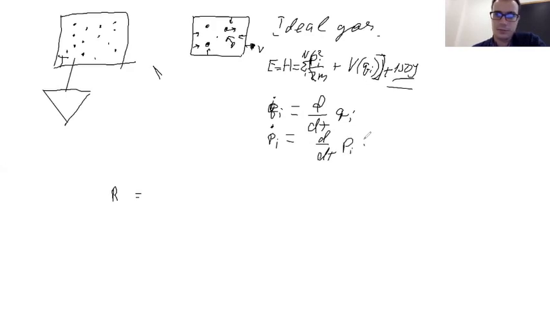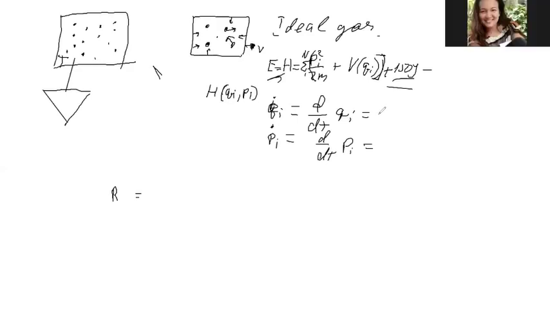Kyrell, if I give you the Hamiltonian H, this is H of qi and pi, how can I find from the Hamiltonian the velocity of the particle qi? Do you know how to use the Hamiltonian?